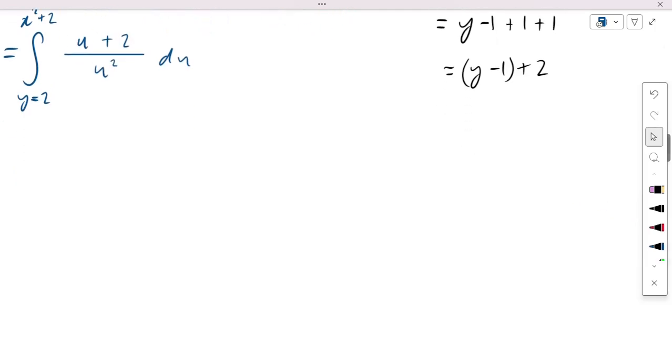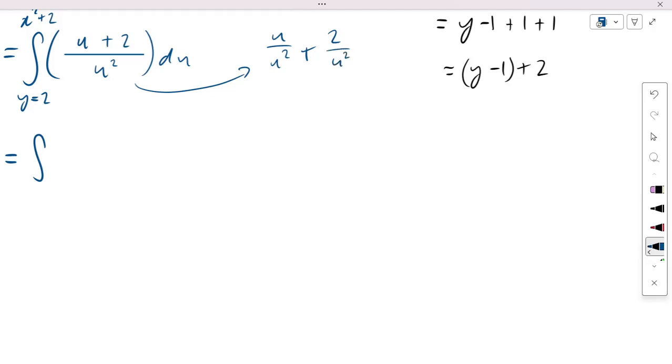That's beautiful stuff. Now what we can do over here is break this up as u over u squared plus 2 over u squared, because we're going to distribute the denominator over the two terms in the numerator. Then this can be simplified.